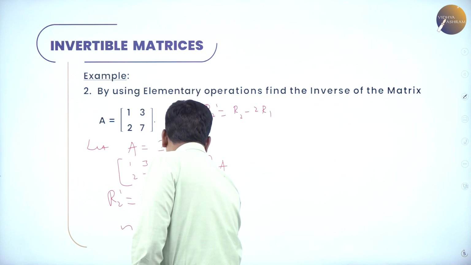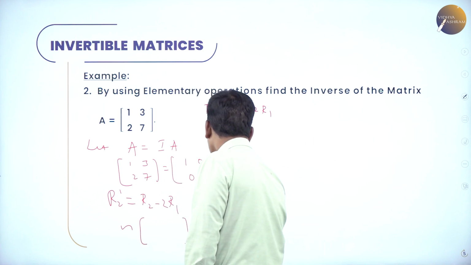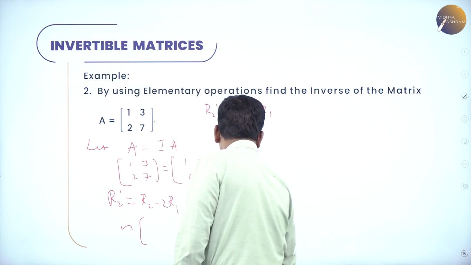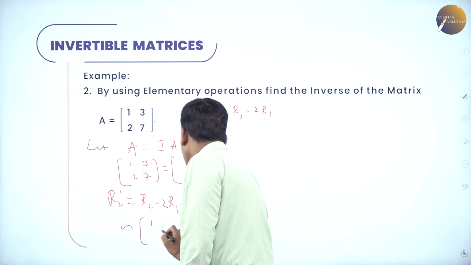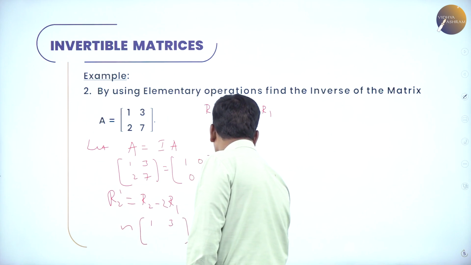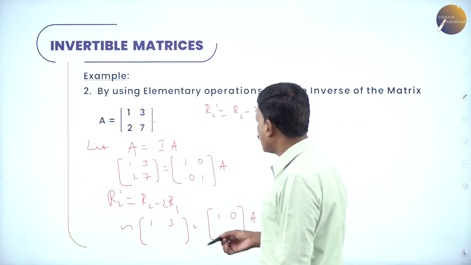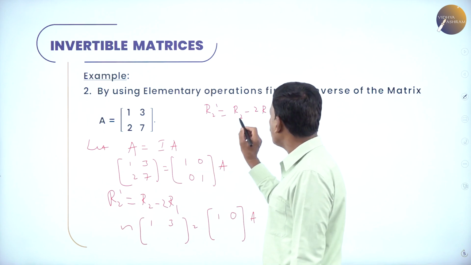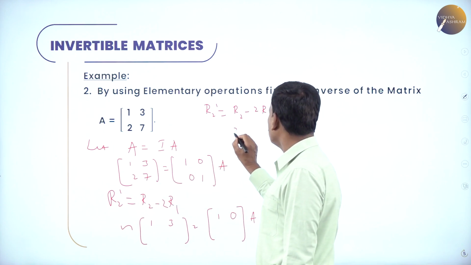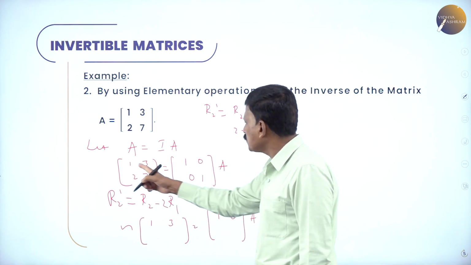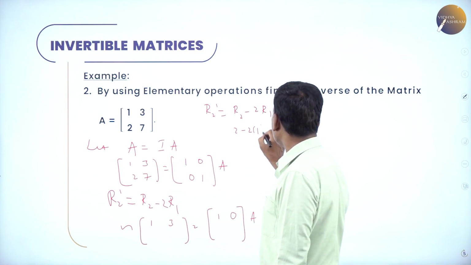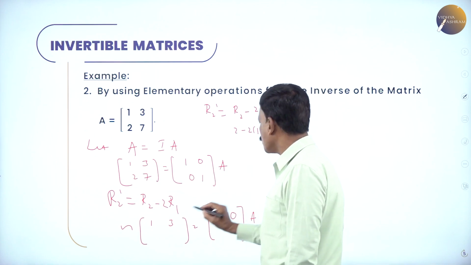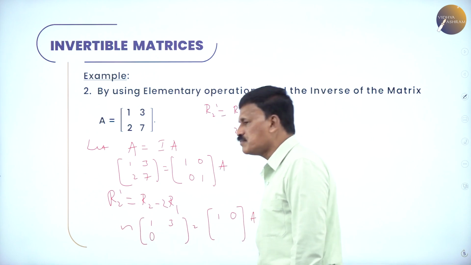So here first write this. R1 is the same: 1, 3, 1, 0. Now we are converting only the second row. So the first element of R2 is 2 minus 2 times the first element of R1, which is 1. 2 minus 2 is equal to 0. So this element becomes 0.